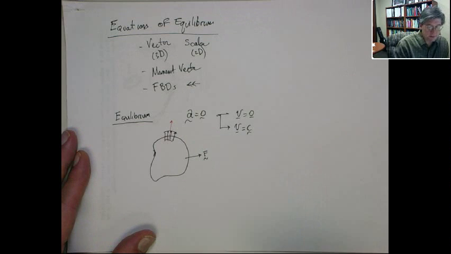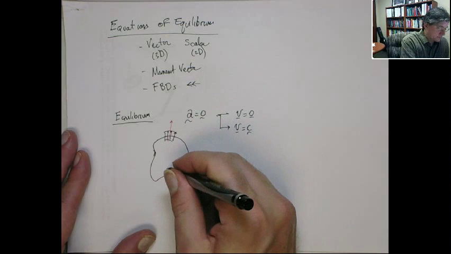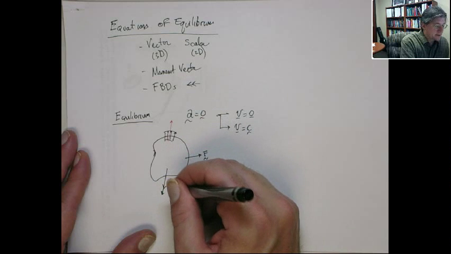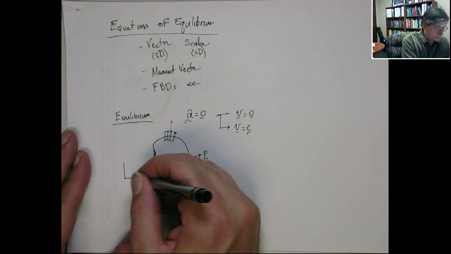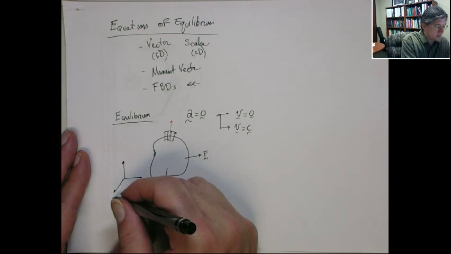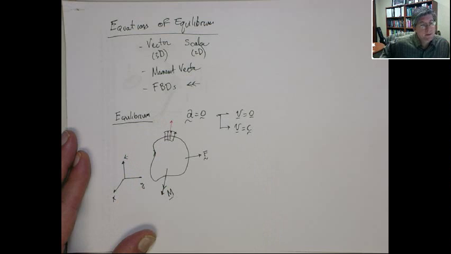And there might also be some moments that are applied. Right? I will draw moment vectors with two arrows, okay, to differentiate from the force. This is all defined in some coordinate system. X, Y, Z is what we commonly use.